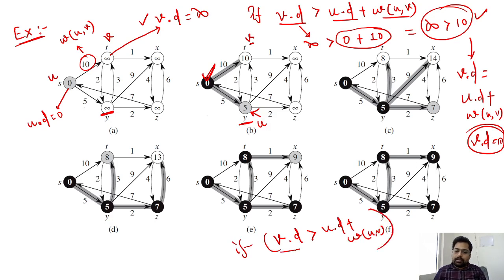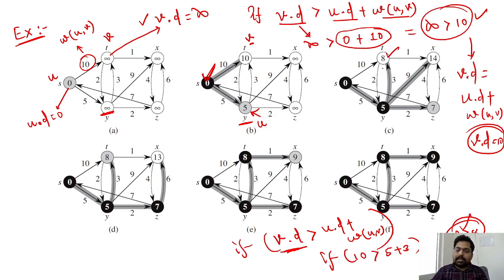Clear na? So in this case we have to check whether 10 is greater than 5 plus 3 or not, because this is connecting this u and v. Clear? So here we can say yes, 10 is greater than 8. If it is, then we update that as 8.